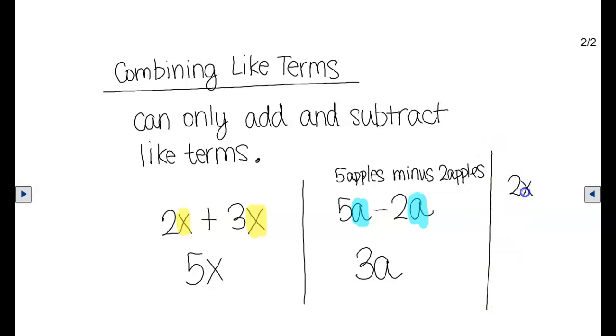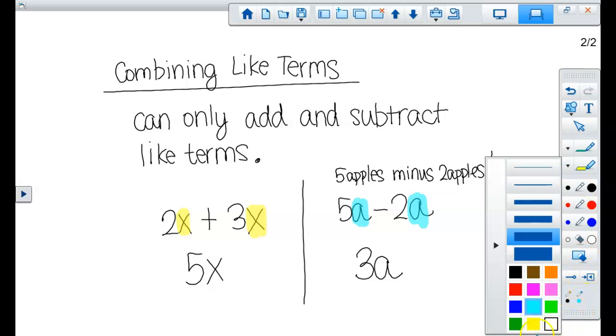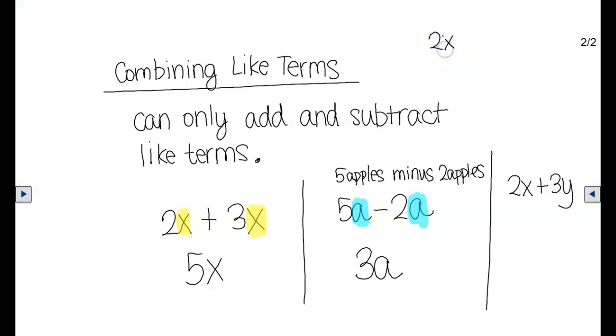Now, let me look at one last one. Take a look at this addition problem, 2x plus 3y. All right, so this is an addition problem that they want me to do. So when I look at these two terms, I realize now that that's in your way, so I'm going to move that up here where you can actually see it. Sorry about that. 2x plus 3y.